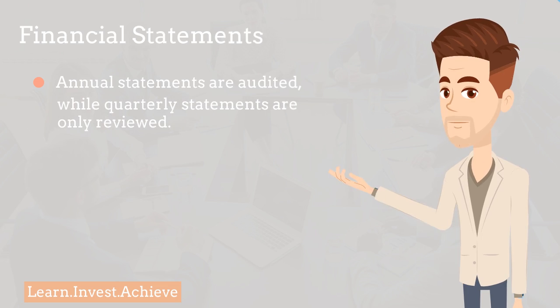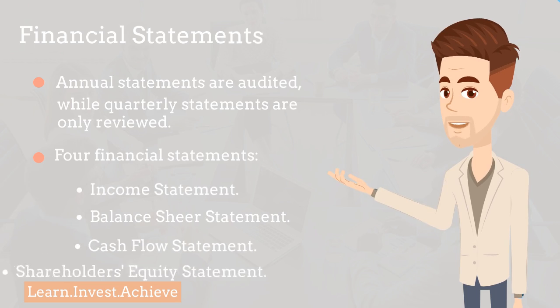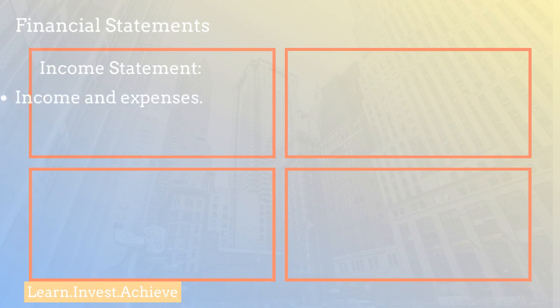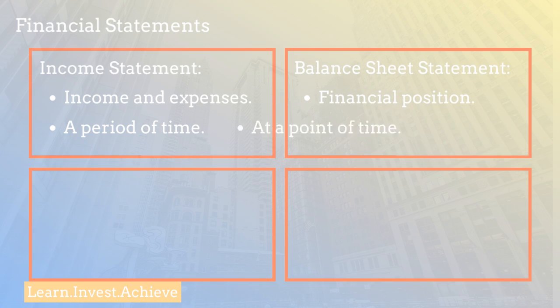There are 4 financial statements, and they are the income statement, balance sheet statement, cash flow statement, and shareholders' equity statement. The income statement shows all the revenues and expenses that the company had for a certain period of time, while the balance sheet statement shows the financial position at a certain point of time.